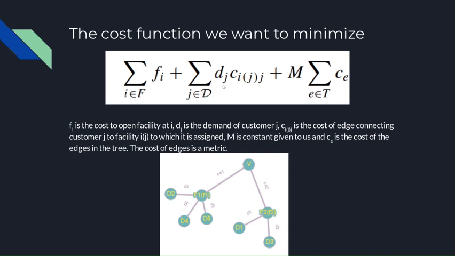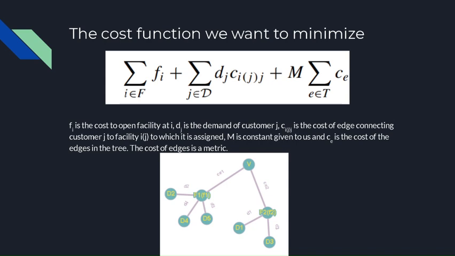Here d_j is the demand of a customer, and c_{i(j) j}: i(j) is the facility and j is the customer. So i(j) means the facility that has been allocated to customer j specifically.